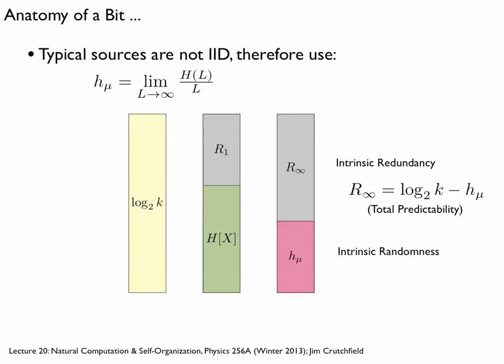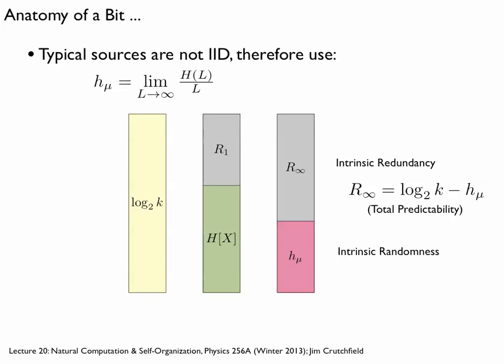Well, okay, we also went through before that we're not even interested in IID processes so much, right? Most interesting processes have some correlation over time. Therefore, the single variable entropy will be a bad approximator of the true intrinsic randomness. And so we started looking at the entropy rate, which is this infinite word length growth rate.